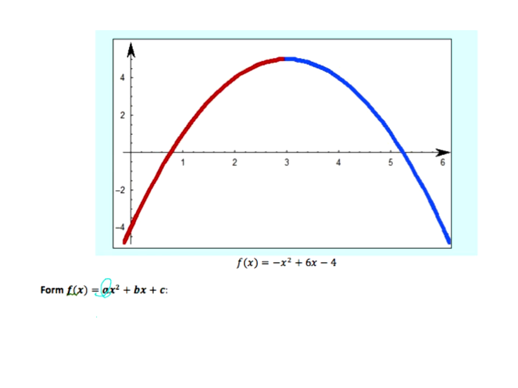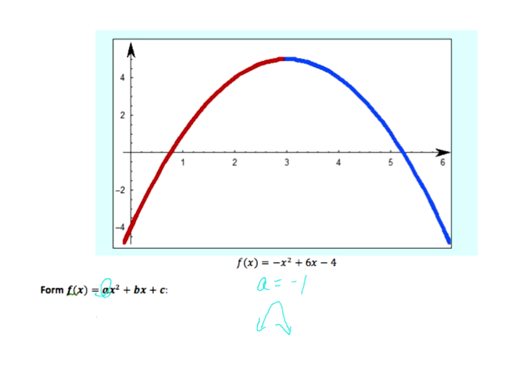So the sign of a tells how it opens. So in this case, a is negative 1, so this thing opens down. And that's it. Nothing different from the other one. I'll talk about the other parts of it on the next page.